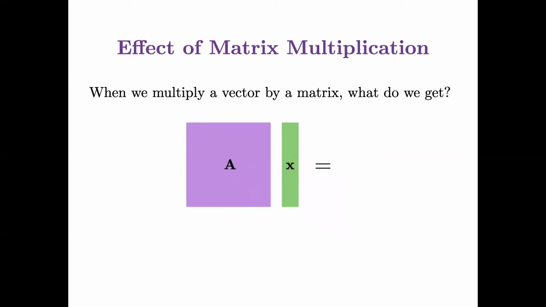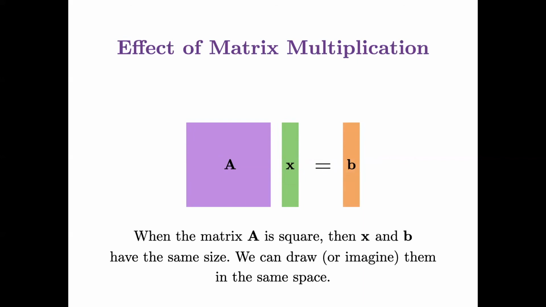If I multiply a vector by a matrix, what do I get? Another vector. Now, when that matrix A is square, with the same number of rows and columns, then x and b have the same size, so we can draw or imagine them in the same space.